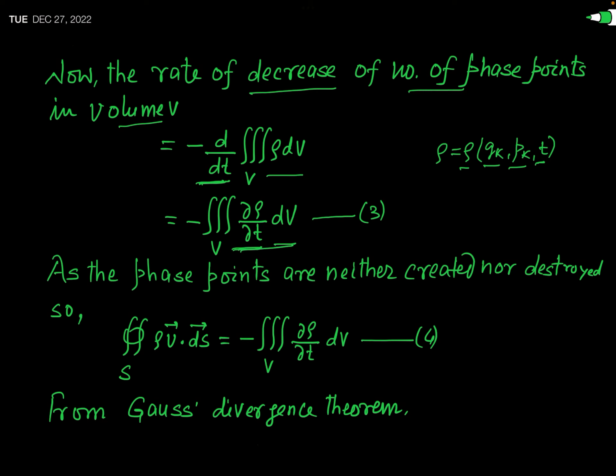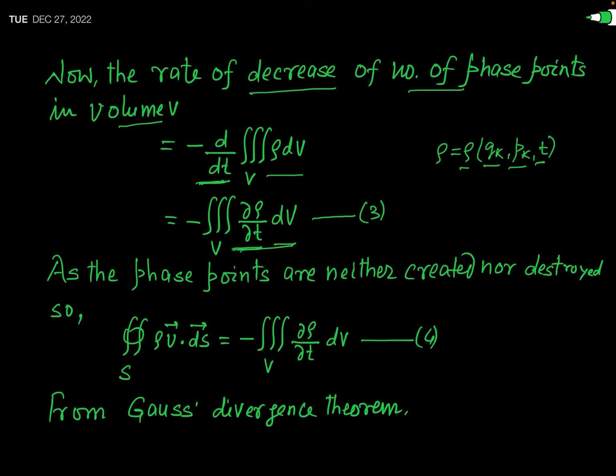But as you know, these phase points cannot be created and cannot be destroyed. So the total number of phase points must be constant. It means the number of phase points which decreases inside the surface, exactly that number of phase points will flow out through the surface. And so we can equate these two values.